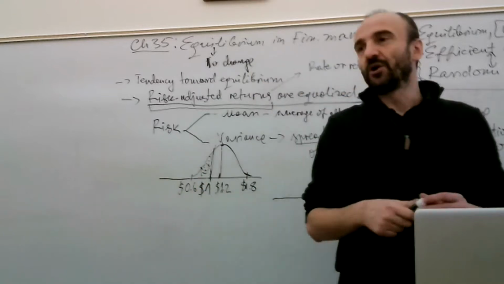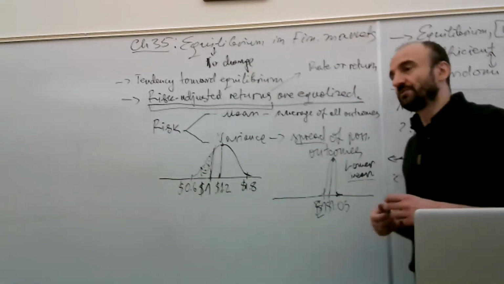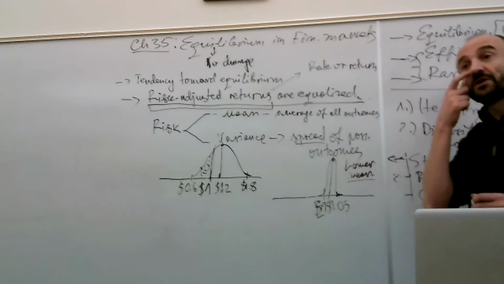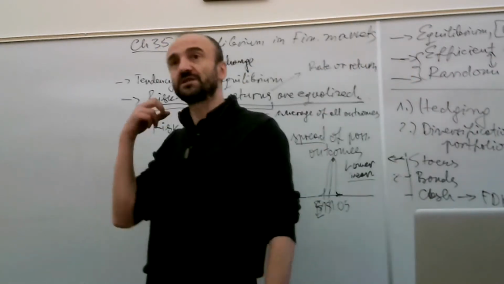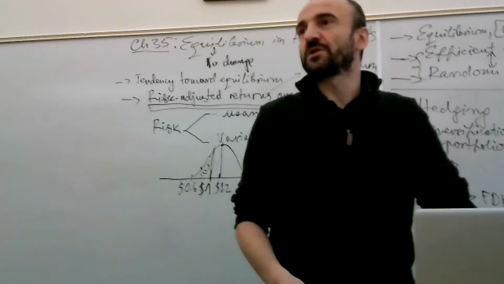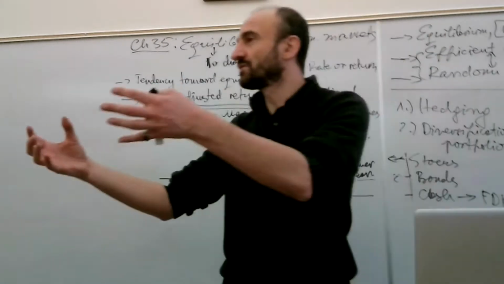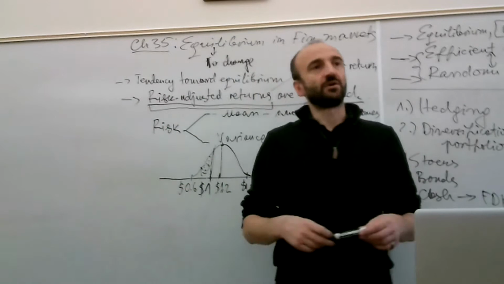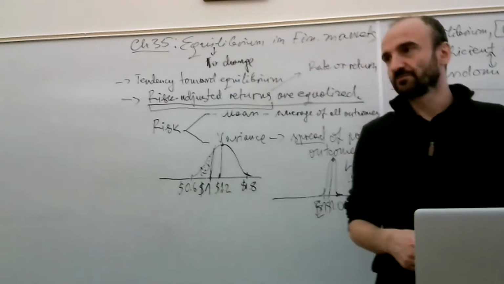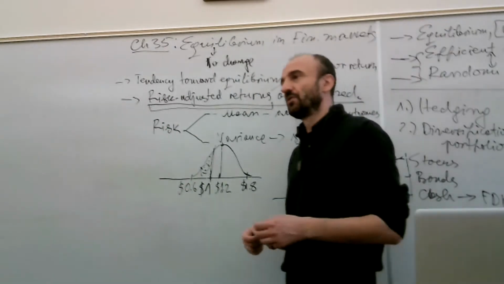So how will the equilibrium be restored here? By somebody discovering this information. Somebody discovers that it is far riskier than it seems. If that person is a security holder right now, what will she do? Sell. Sell, of course.